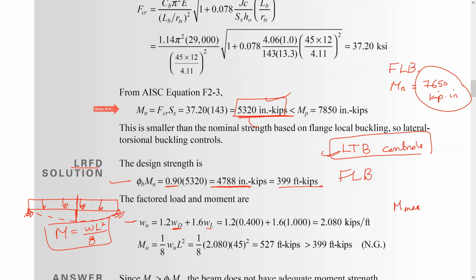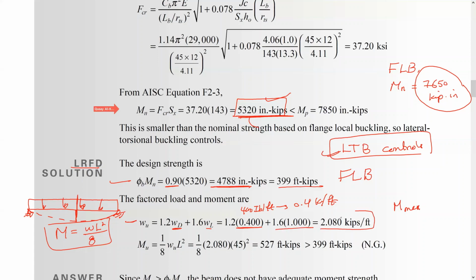So 1.2 times, here we just converted the 400 pound per foot to 0.400 kip per foot, just dividing by 1,000. So it's going to be 1.2 times this 0.4 plus 1.6 times 1,000 pound per foot, which is 1 kip per foot.